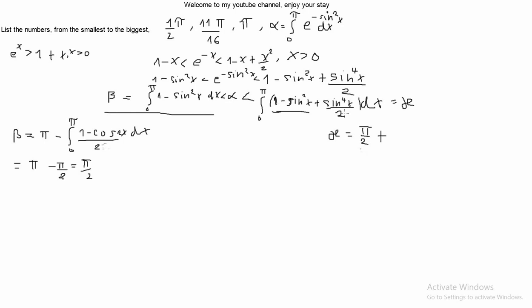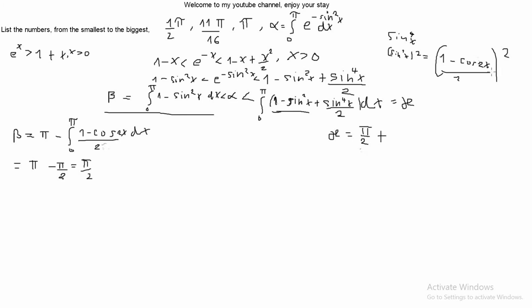And for this integral, you can use the same trick: sine to the power of 4 of x can be written as sine squared of x, squared. So you can write it like (1 minus cosine of 2x) divided by 2, and then squared.